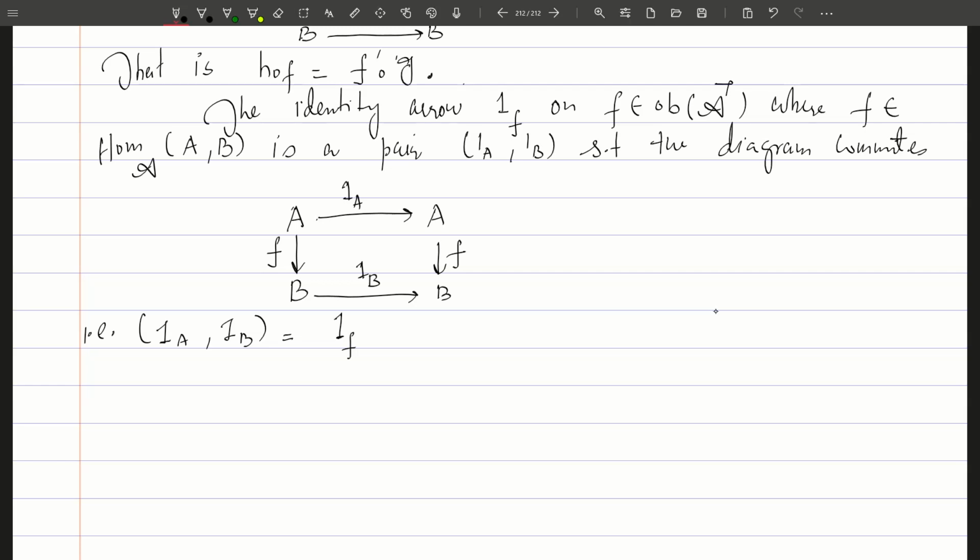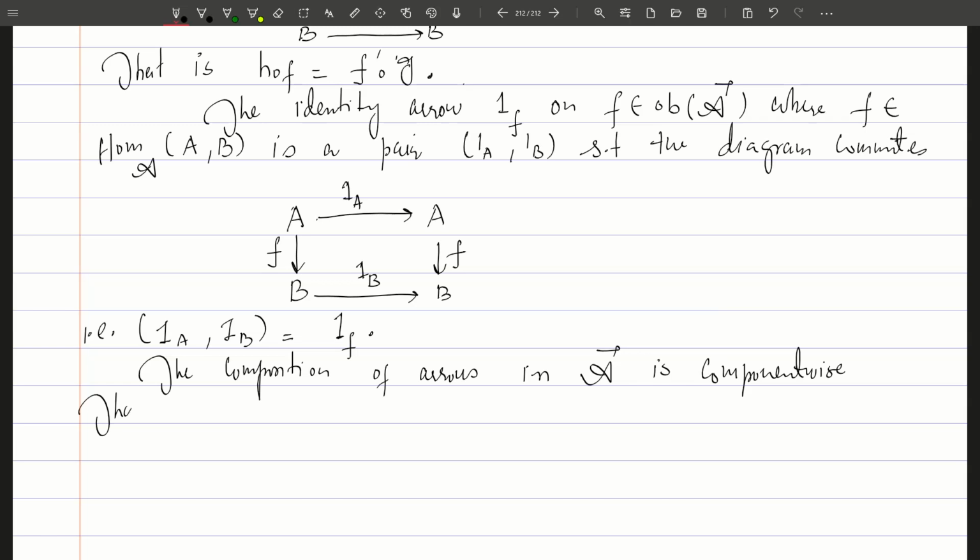Now let us see how the composition works in this new category. The composition of arrows in this arrow category is done component wise. So what do we mean by that?